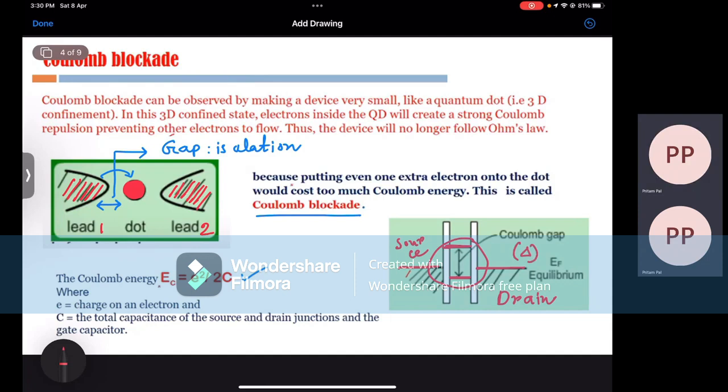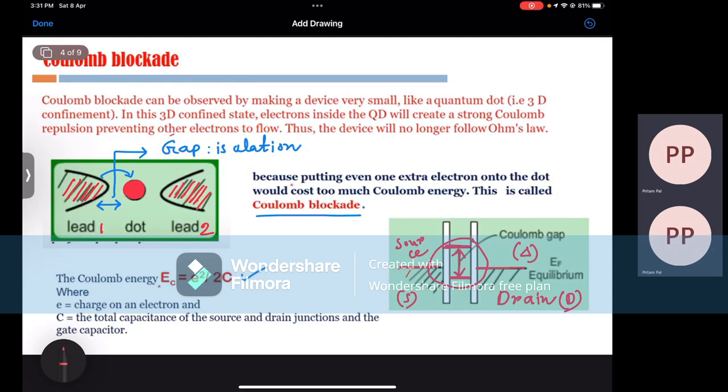Let's call it delta. This much of a gap is present in the system, that you can see, right? So if an electron has to move from source to drain, it has to cross this gap, as I was discussing.